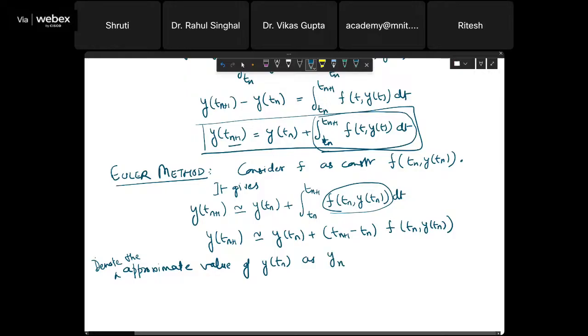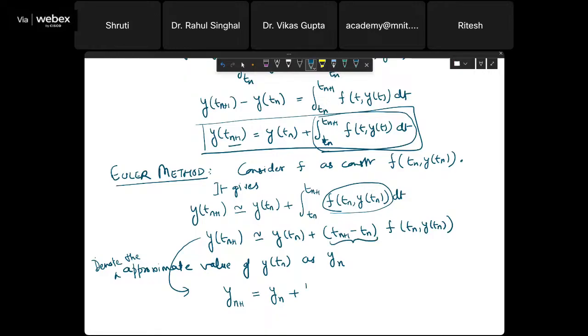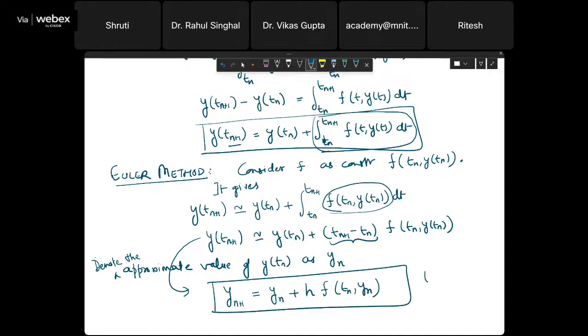Okay, so with this, I can write y_{n+1} is equal to y_n plus T_{n+1} minus T_n, which will become h, the step size, and then f of T_n, y_n. Okay, and this is known as the Euler method.